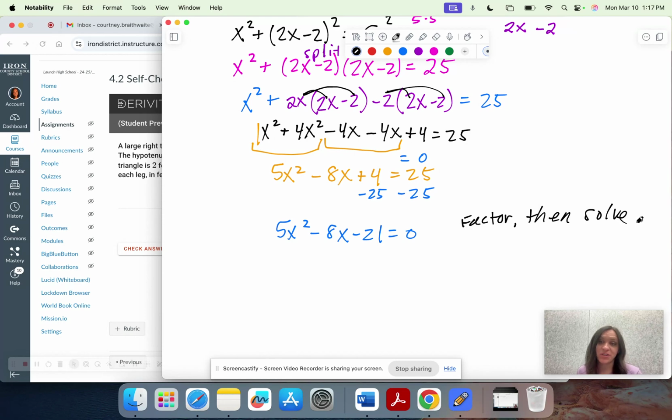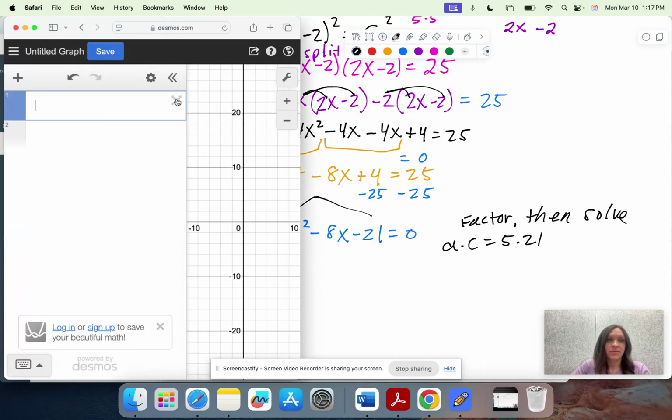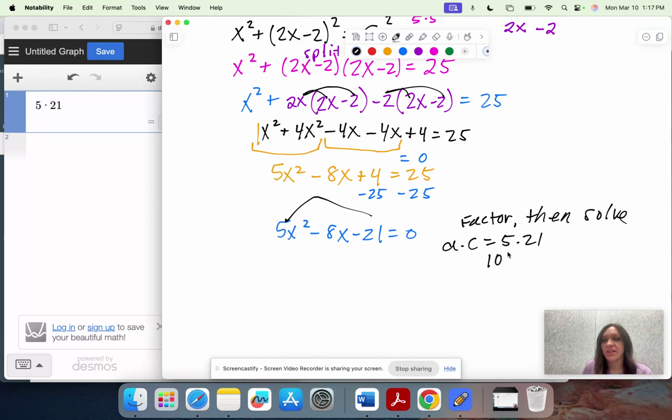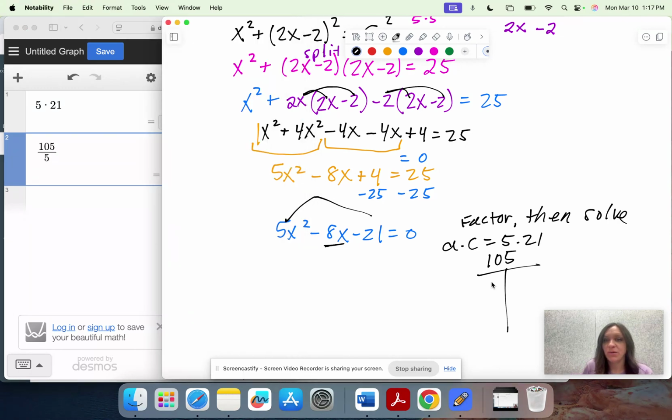So in order to solve this, we have to factor. So a times c is 5 times 21, which is 105. And we want factors of 105 that add or subtract to 8. So we have 5 and 21.